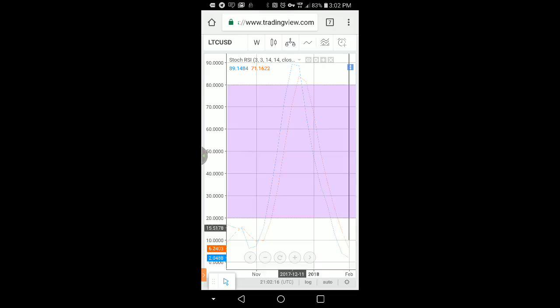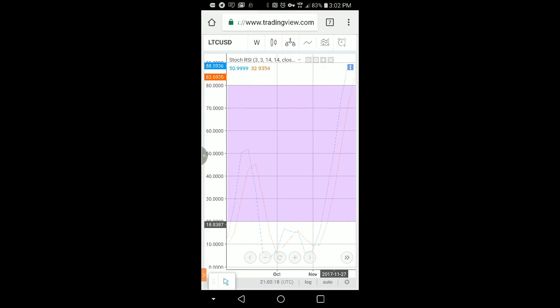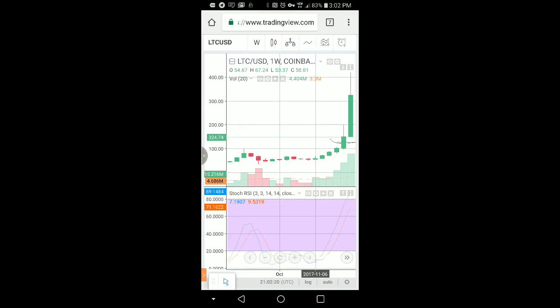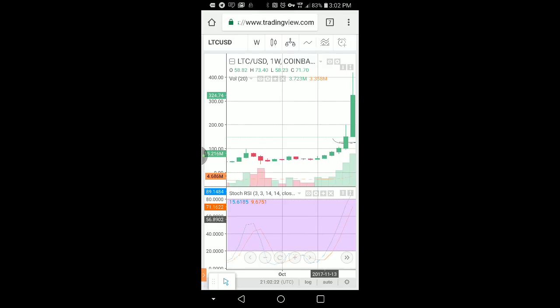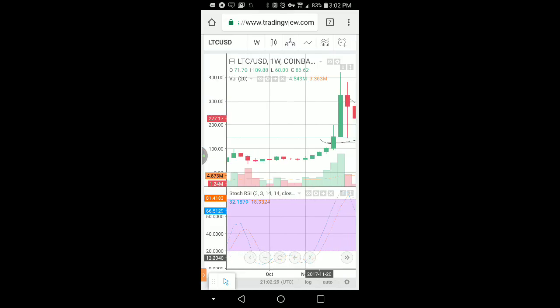And if you look back here, you'll see a similar thing. Once that happened, where that little blue line crossed that red line, you can see that initiated a long-term uptrend. It peaked from that.